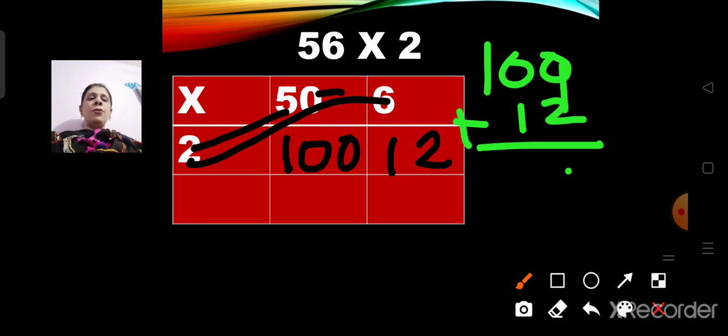So 0 plus 2 will be 2. 0 plus 1 will be 1, and below 1 no number is there, so I'll write 1 below. So when I add 100 plus 12, I get my answer 112. That means if I multiply 56 into 2, I get my answer 112. Understood? What is my answer? 112.